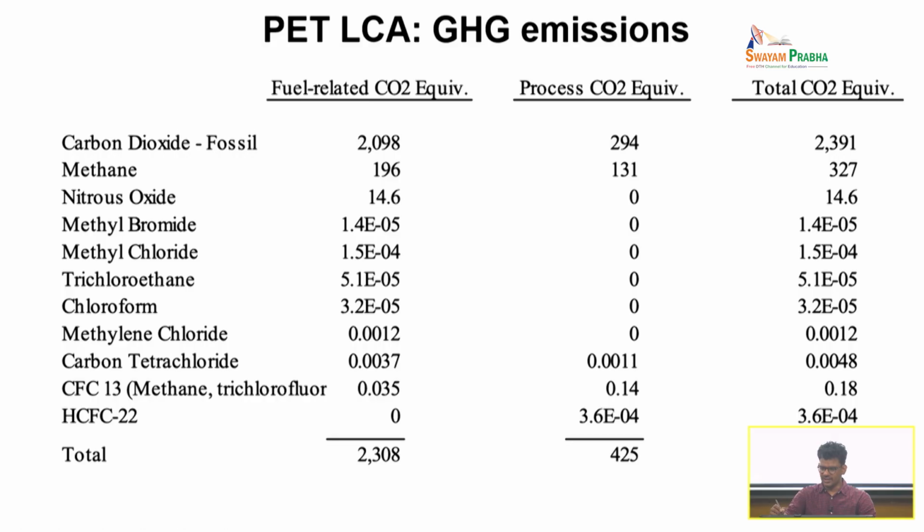Now comes the emissions. When you think about emissions, you can probably look at the last column. Everything is given in terms of total CO2 equivalent. I believe this is in kilograms. Everything is in kilogram.